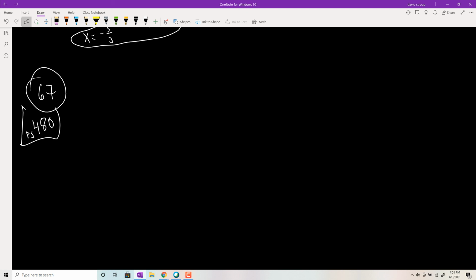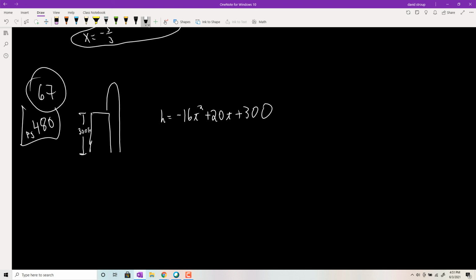On the previous page, they say a ball is thrown straight up from a rooftop that's 300 feet high. So here's our building. It's 300 feet high, and there's a person that throws a ball straight up, and then it comes right back down. It's in feet. The formula h equals negative 16t squared plus 20t plus 300 describes the ball's height above the ground.